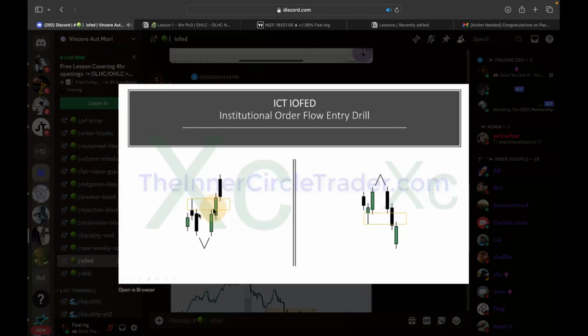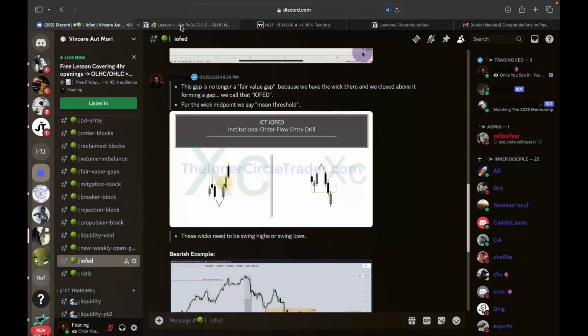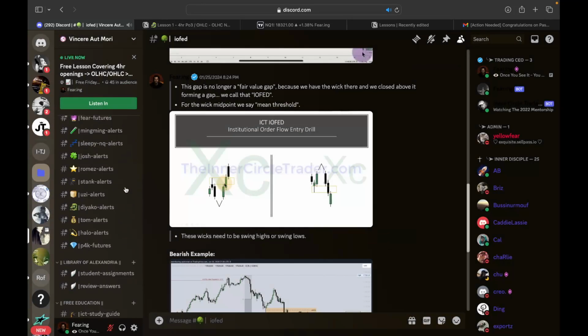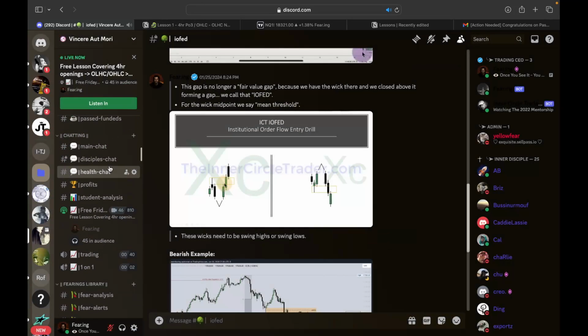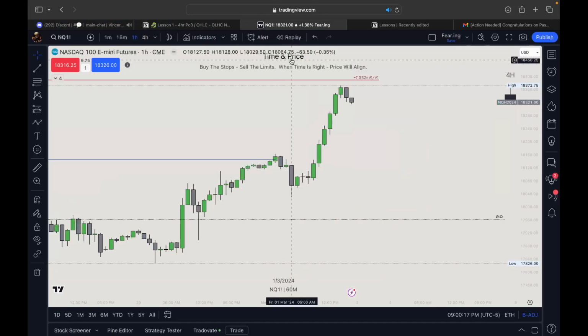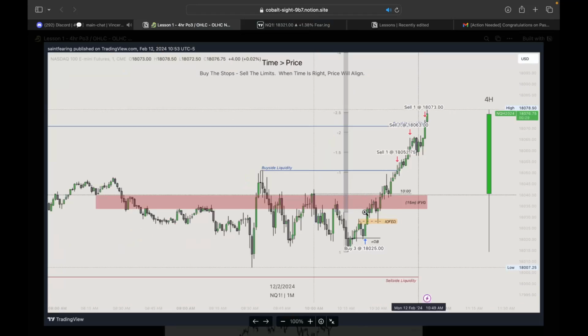Like, it's a bit weird. For most circumstances, we look at IOFT as price tapping into a fair value gap a single tick before exploding up. But that's not a discussion for today. But 10 o'clock opening, manipulation down, running sell stops, followed by distribution higher.